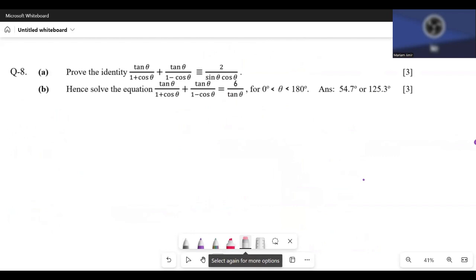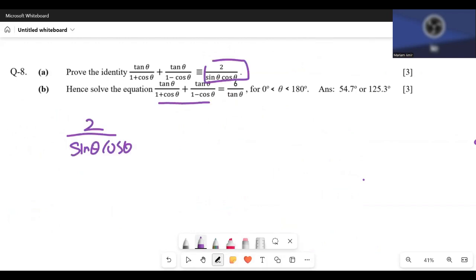This gets replaced with this. So we have 2 upon sine theta cos theta equals 6 upon tan theta. Cross multiply: 2 tan theta equals 6 sine theta cos theta.